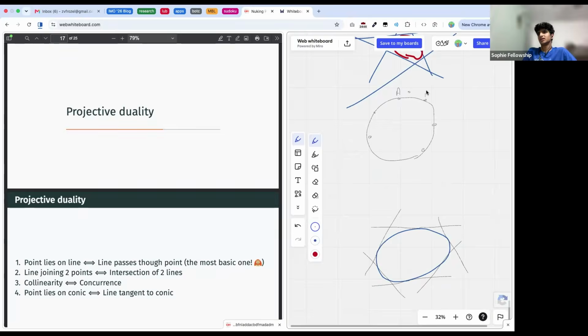Here I call the 6 points A, B, C, D, E, and F. And here I'm going to have 6 lines, and the points are not given names. The lines are given names A, B, C, D, E, and F.